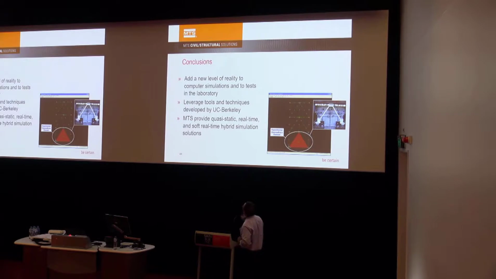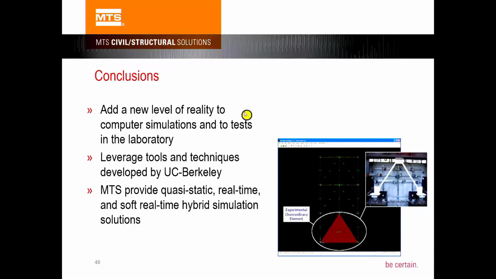It is more accurate than pure analysis because the hard-to-model component is tested. And it is more accurate than quasi-static substructure testing because the loading is provided by FEA. It models the real earthquake.